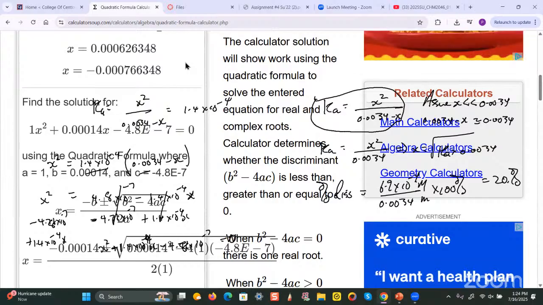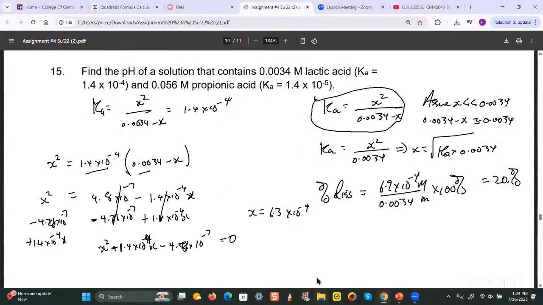Of course, the one that we're going to use is the positive value, which is 6.2 times 10 to the minus 4. Wouldn't it be 6.3? 6.3 times 10 to the minus 4. Yeah, thank you. So x would be equal to 6.3 times 10 to the minus 4. Okay, so let me get out of that and go back to this. All right, so this is what x is going to be equal to.